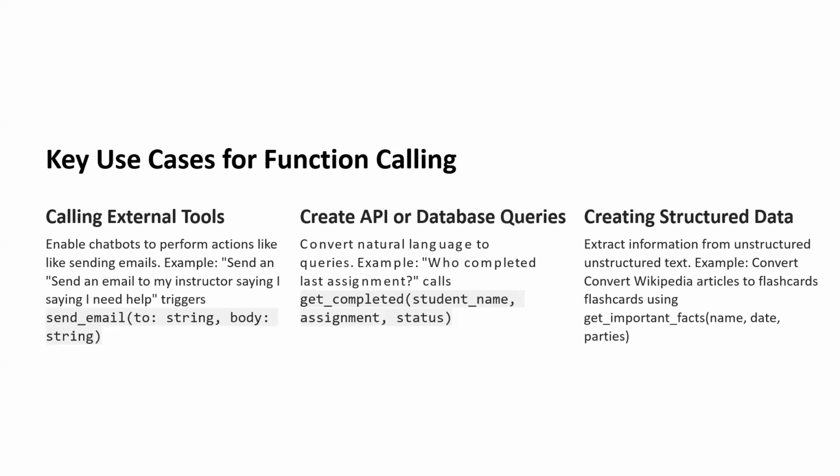We can also create structured data. Let's say we have a website like Wikipedia, right? And that has information about so many things. But we want to find out about AI automation, for example. Now, Wikipedia has a page for that.